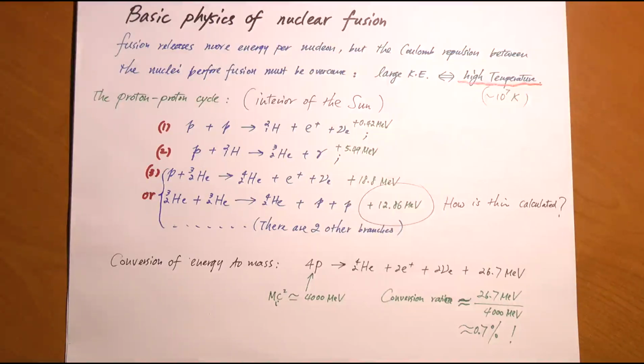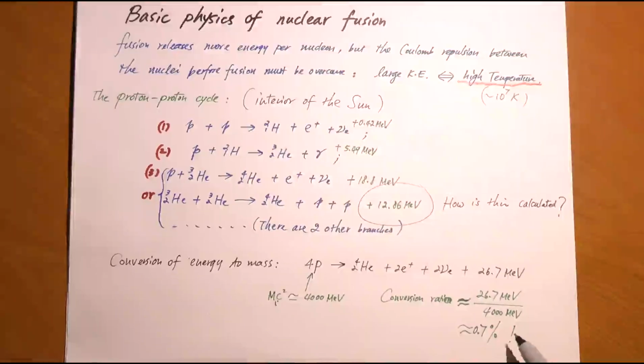If you compare that with a typical fission case, uranium-235, remember what kind of percentage mass loss or energy conversion that was? Remember that was about 1 MeV per nucleon, right? And each nucleon has about 1,000 MeV, just like a proton or neutron. So the conversion ratio is about 0.1%, 1,000th. Here it is 0.7%.